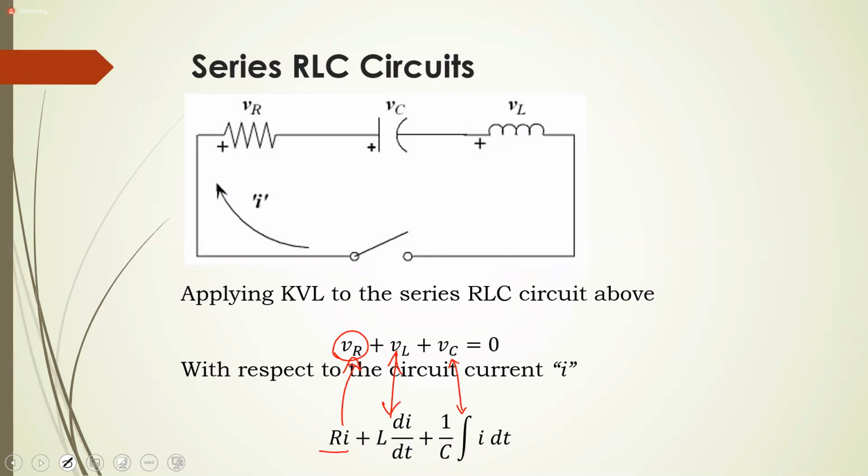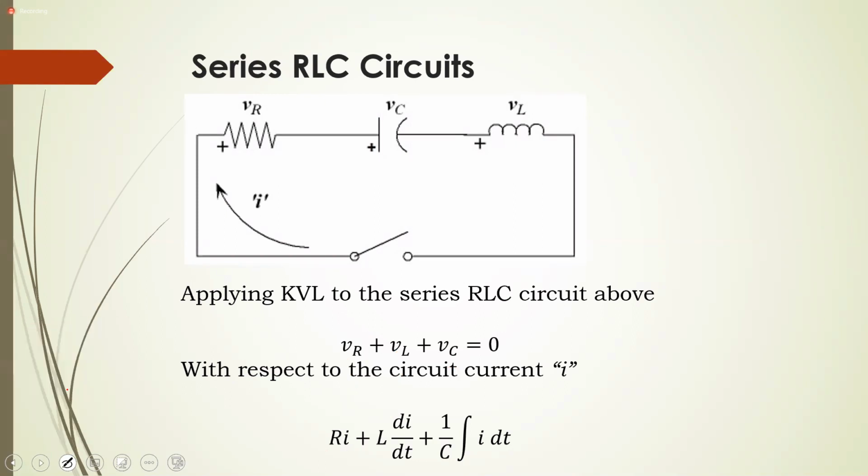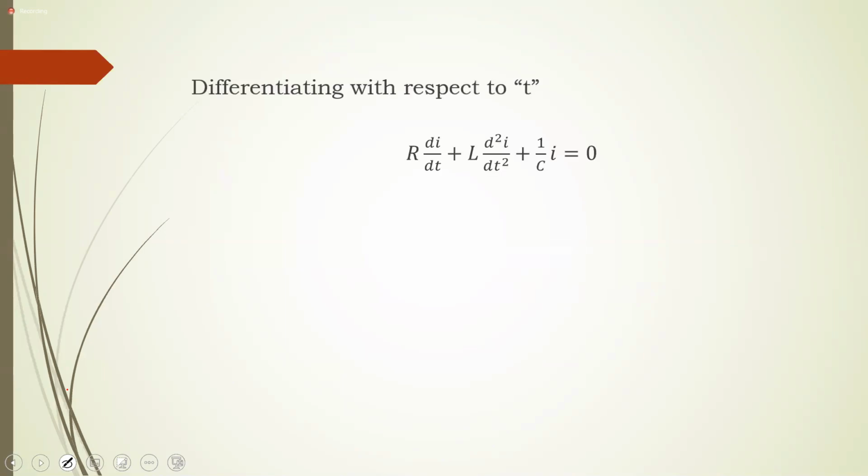If I differentiate this expression, then I have R times di/dt plus L d2i/dt squared plus I over C. And just to be clear, remember when we introduced the series transients, what we said is that we first wanted to create a differential equation that represents the operation of the circuit.